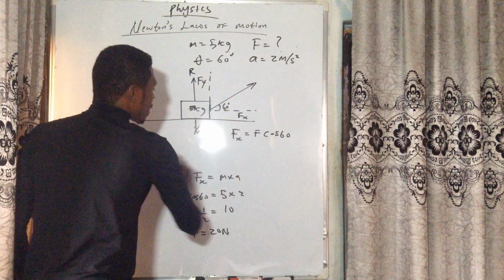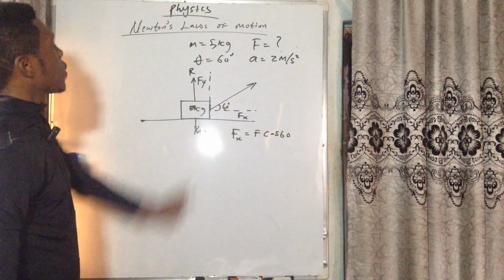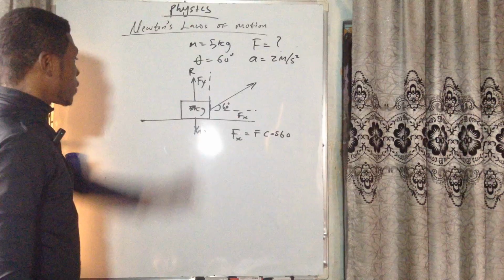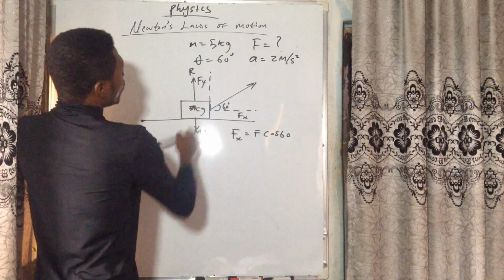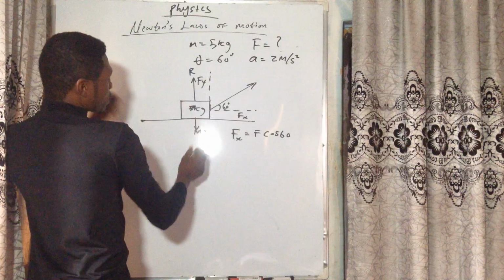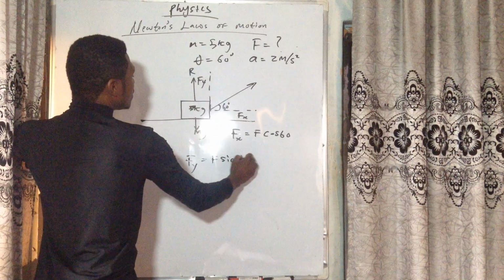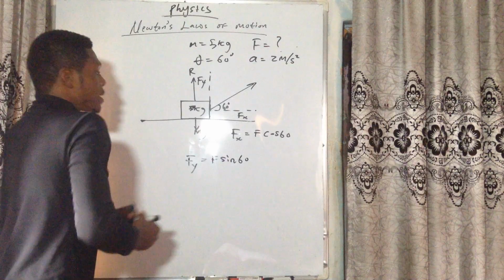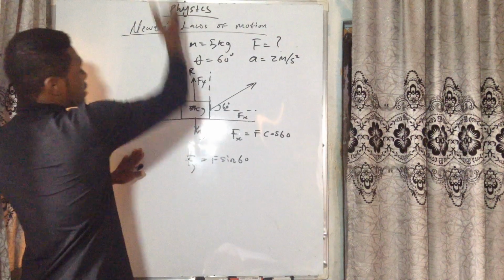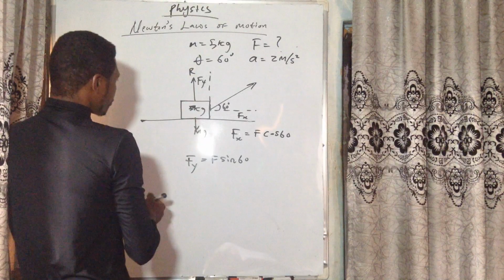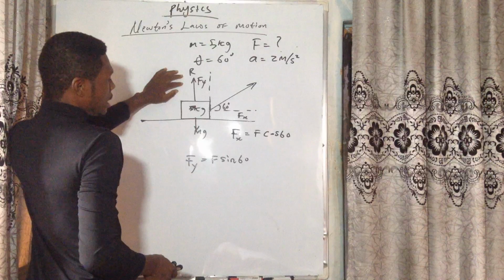To determine the normal reaction, we consider the net force along the vertical. Along this vertical, we have the vertical component Fy, which is equal to F sine 60. These forces are going upwards, so they are positive: the normal reaction and this Fy.